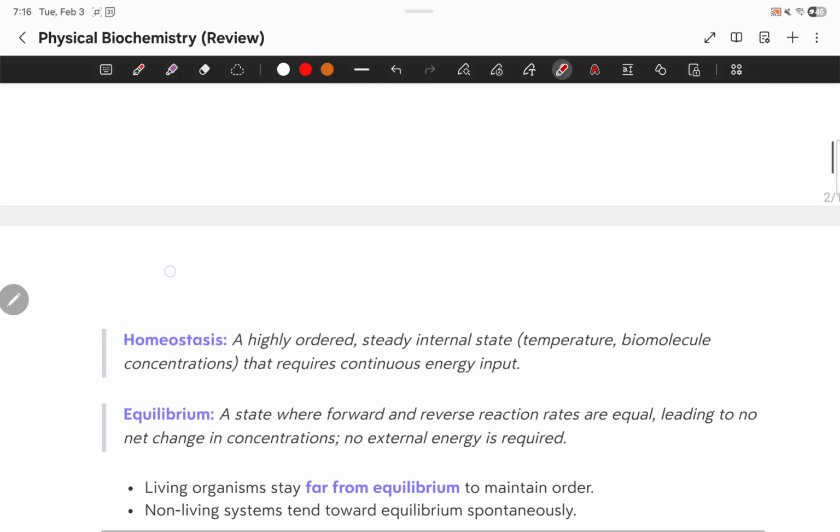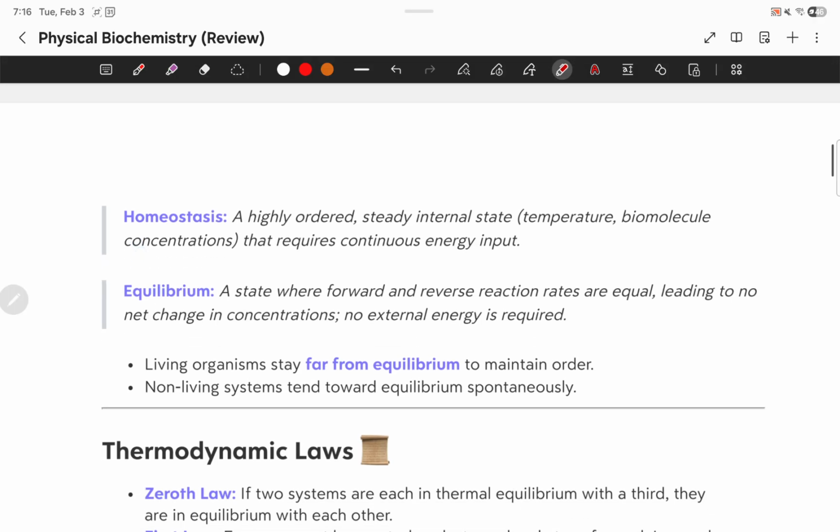We have homeostasis versus equilibrium. Basically, homeostasis is highly ordered. It's a steady internal state, such as temperature and biomolecule concentrations, that requires continuous energy input. So homeostasis requires energy, while equilibrium does not require any external energy.